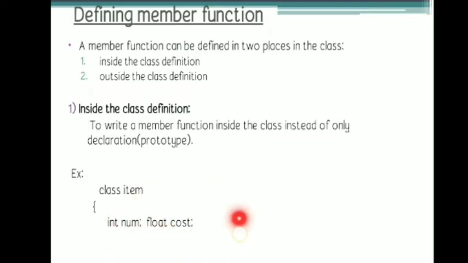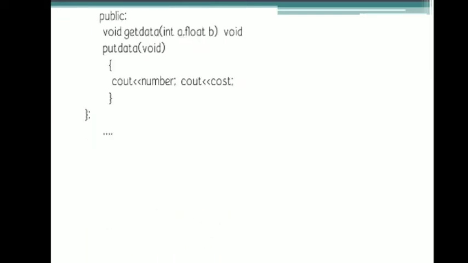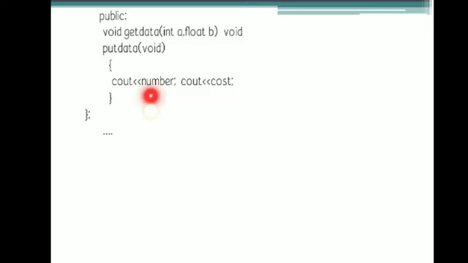One is num, defined as integer type, and cost, defined as a float type. We have given one getdata member and another one putdata member. We have defined the putdata member like this, using cout to display the number and the cost.